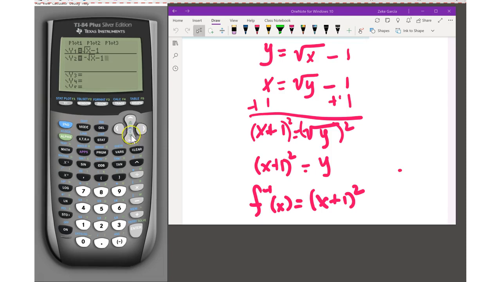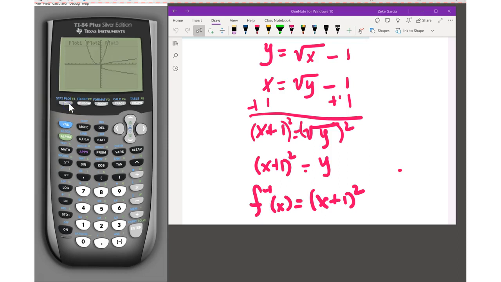And then we're going to graph its inverse, which is parentheses x plus 1 raised to the second power. So I'm going to graph it. So there's the equation, there's the inverse.